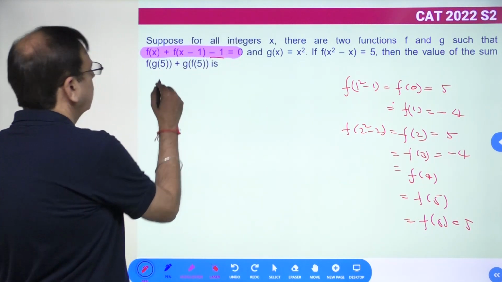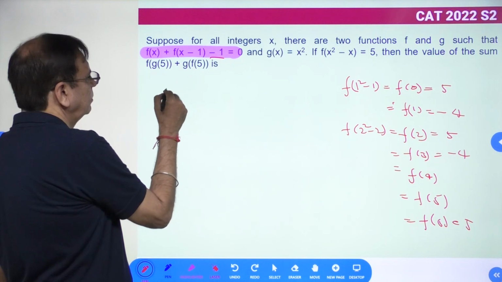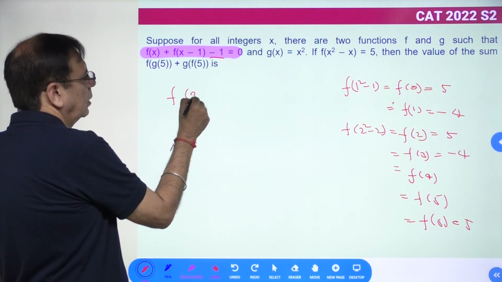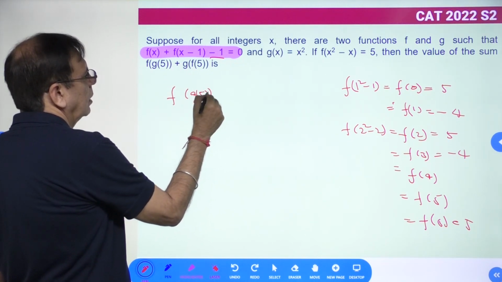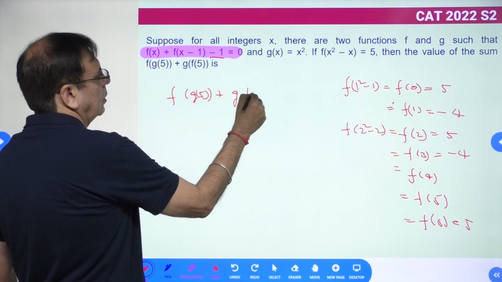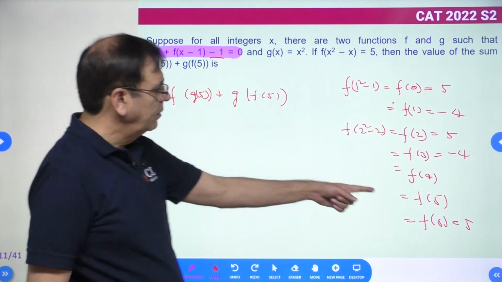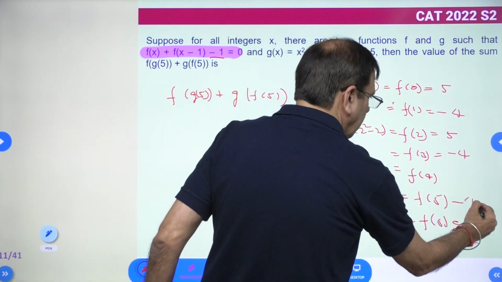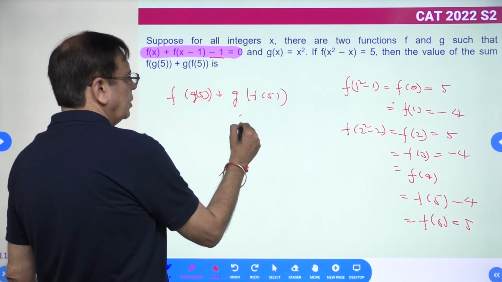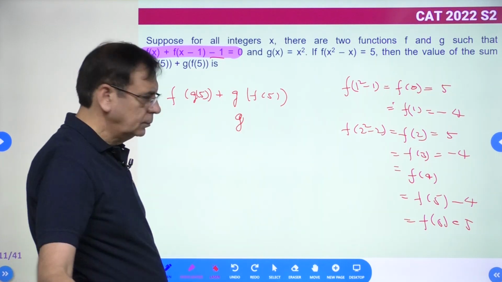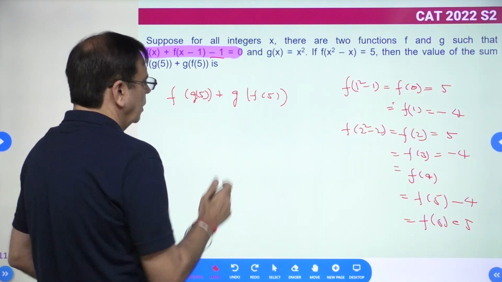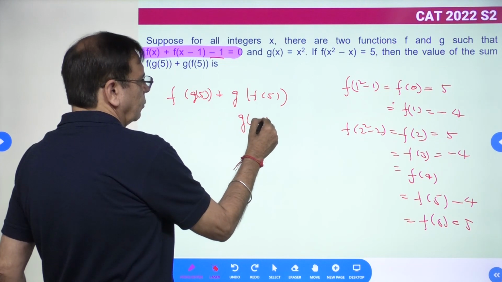So let's look at this. What is f of g5 plus g of f5? What is f5? f5 will be minus 5. So this is g of minus 5.